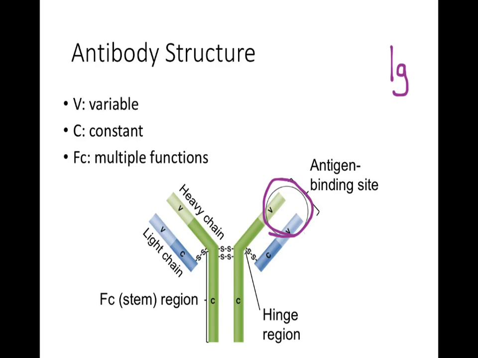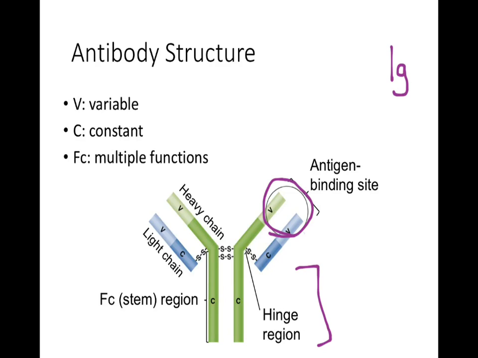Again, each B cell produces an antibody that is uniquely designed to recognize a different epitope. In addition to this, the constant region is what differentiates our IgA from IgM, etc. This constant region, or this tail here, can differ from one of those to the other.